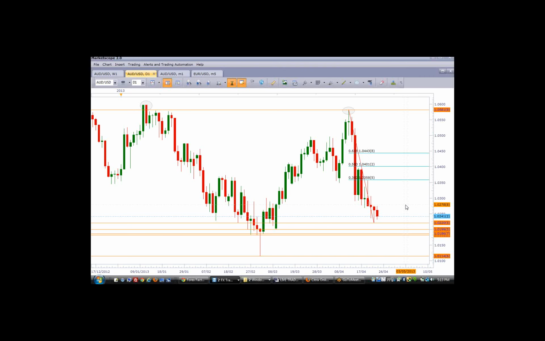Another potential is, let's see, pound US dollar. Hang on, I've got one, sorry, euro yen.